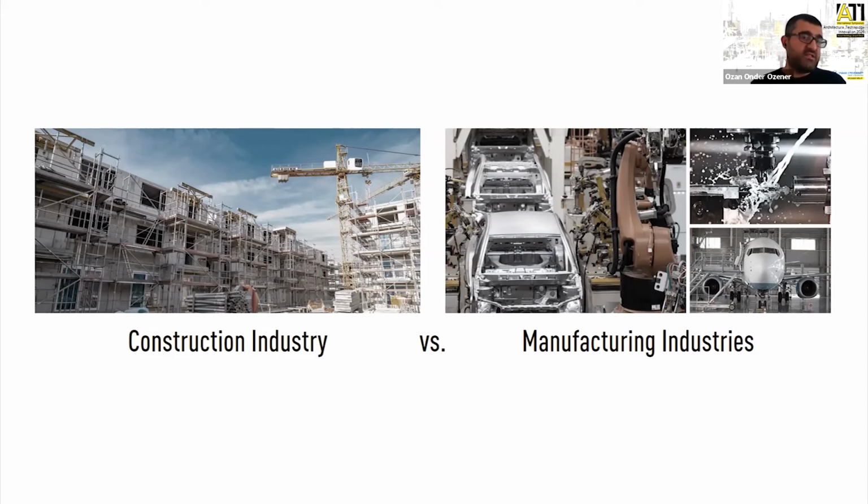So there's a strict difference between the construction industry and those highly innovative and highly technological manufacturing industries like automotive and aerospace. These are two different things, and there are really characteristic differences between them. The construction industry, like Professor Teufel said yesterday, and I cannot agree more, is very conservative, okay?